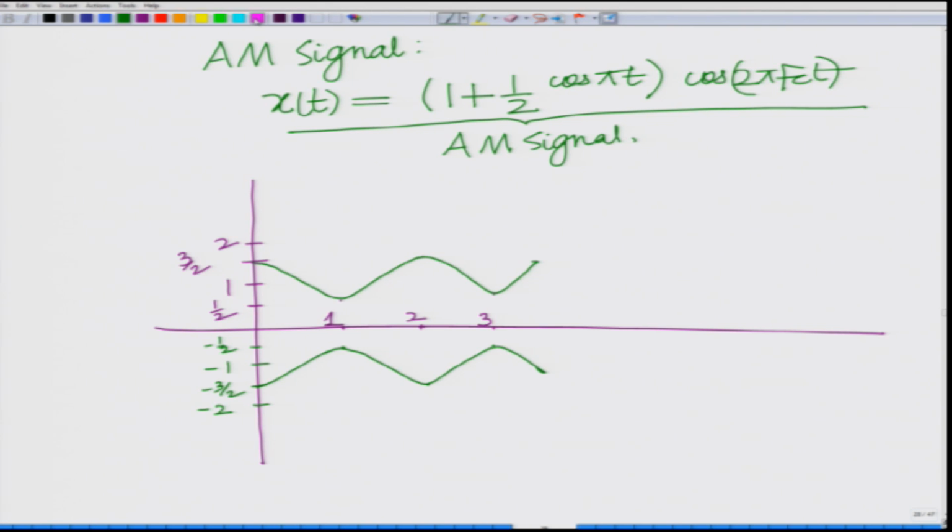So, I have this. Now, the amplitude of the carrier is varied according to this.